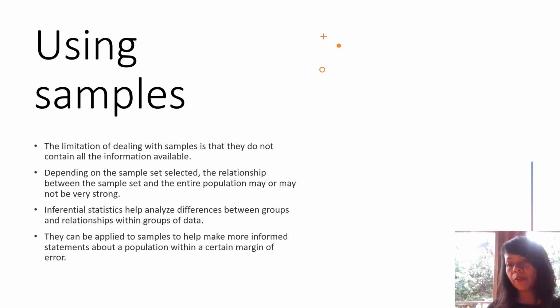For example, if you want to find out something about all of Canada's population, and in your sample set you only have people who are ages 20 to 25, then this sample set is not representative of the entire population, because it's not a very strong relationship. So inferential statistics helps you analyze the differences between groups and relationships within groups of data. They can be applied to samples to make more informed statements about a population within a certain margin of error.